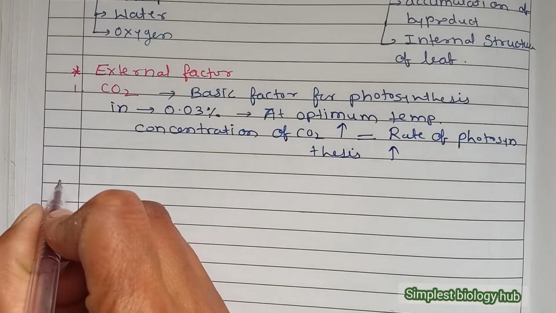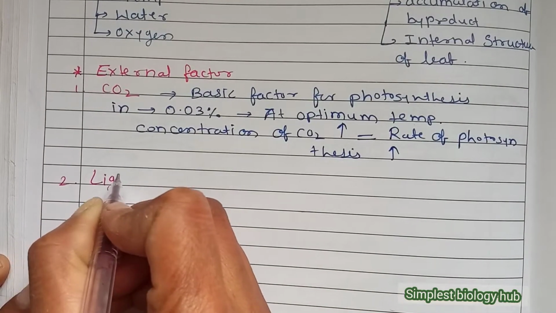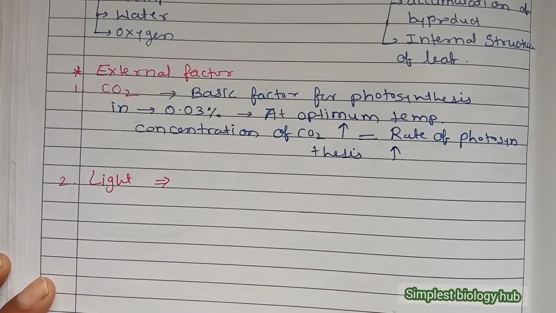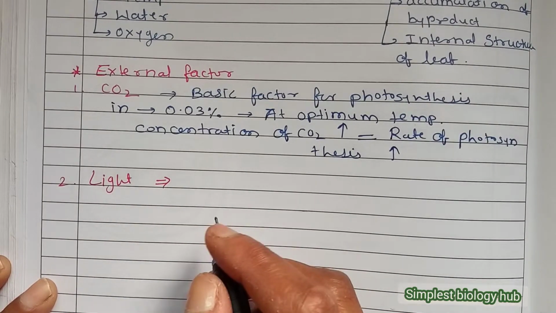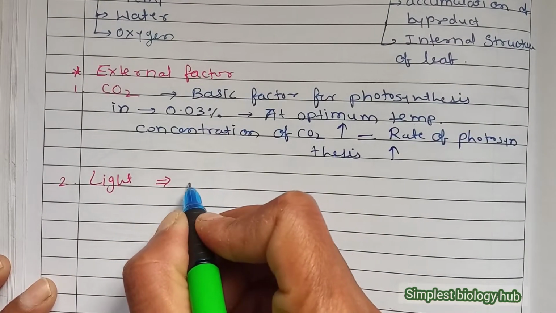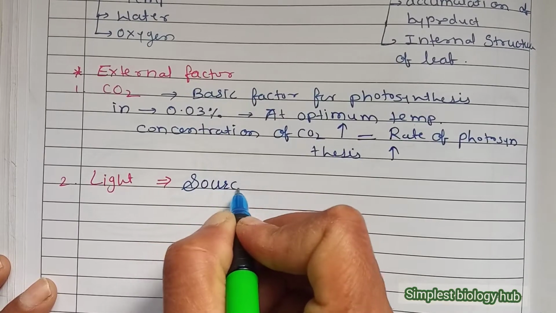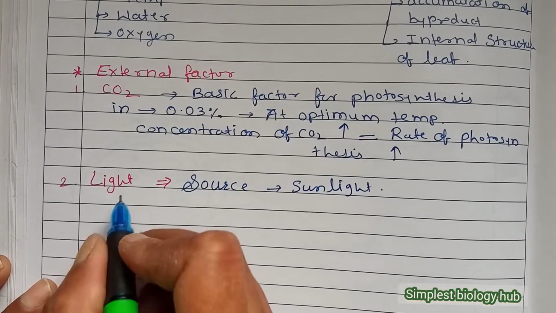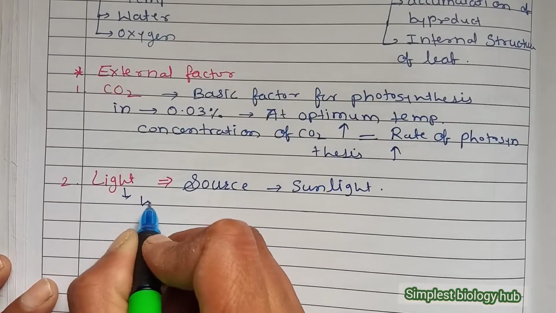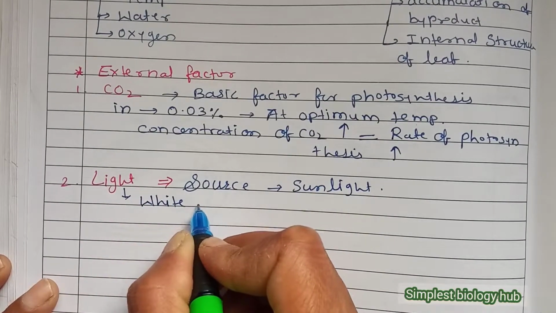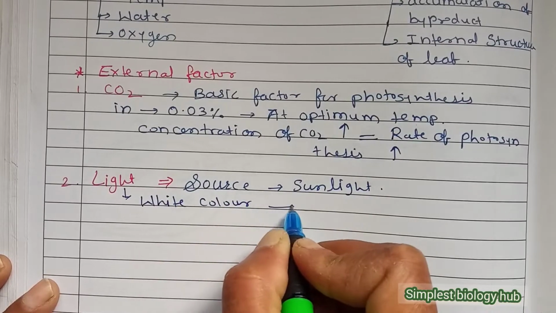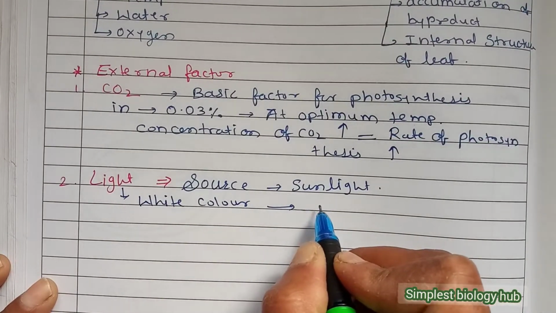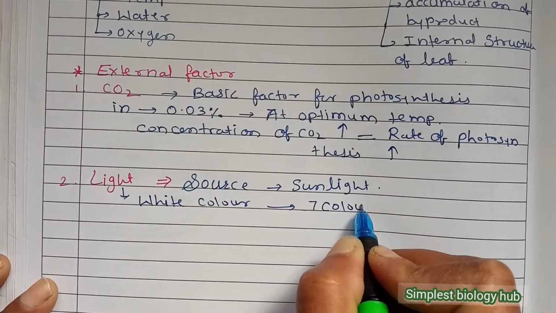Now the second factor is light. Light is also essential for photosynthesis, and the source of light is sunlight. But we know that light is a white spectrum or white color, and when we split it, the splitting shows 7 colors.